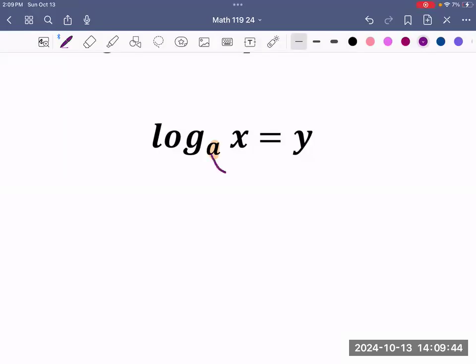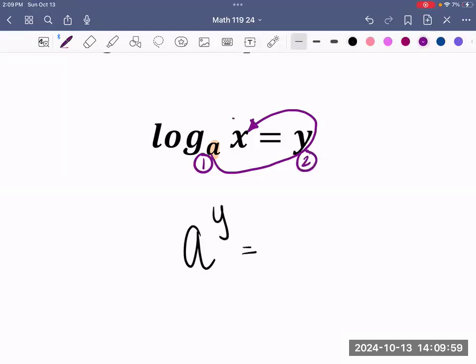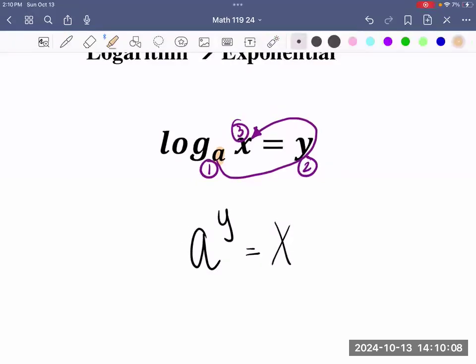Instead, we start on your base, come up and around y, and land on x. So the first thing we write is a. Then the second thing we write is y is equal to, and the last thing we write is the one you land on, your x. So it snaps right back into your exponential, where your base is the very base that we have from above.